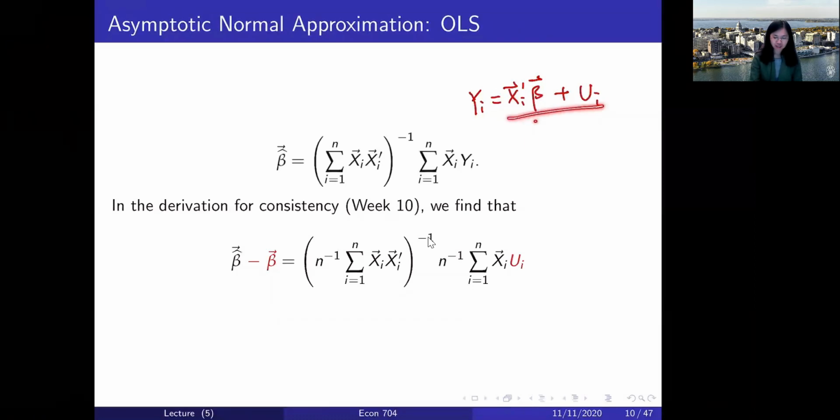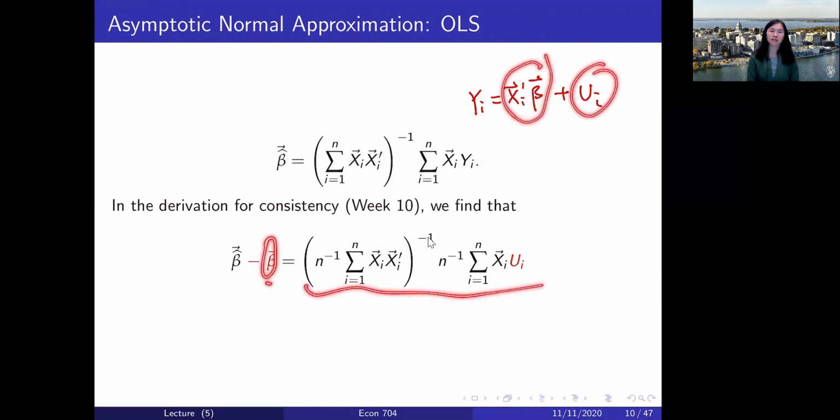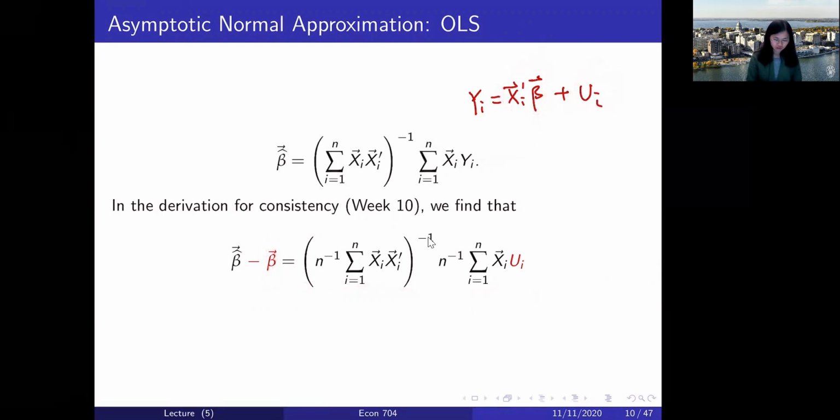Now, if you plug that in here, then the first term will yield this beta vector and the second term will yield this. If you don't remember, you can go back to week 10's lecture to have a review. So we derived that beta hat minus beta can be written as this matrix inverse times this sample average of x times u.